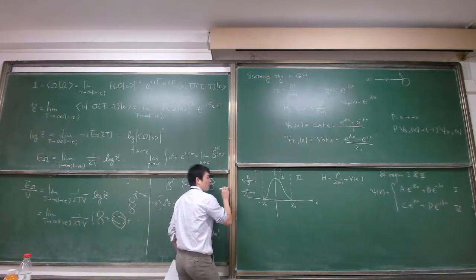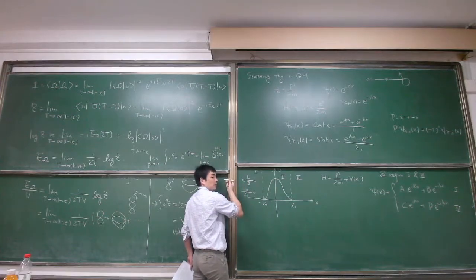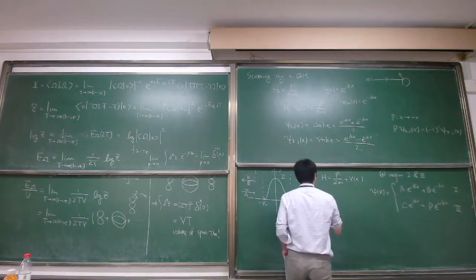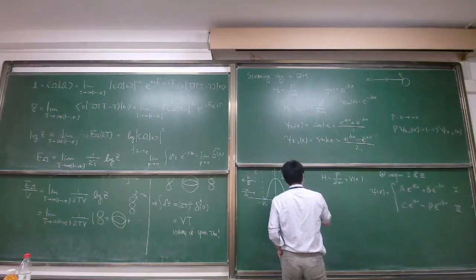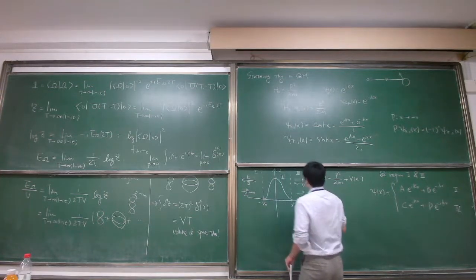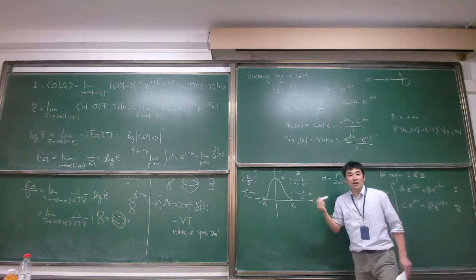So the wave just hits the potential and comes back, right? There's a possibility. That's the meaning of B. Likewise, C is like this way, okay? And then D is the... so be careful with the direction of the arrow, okay?